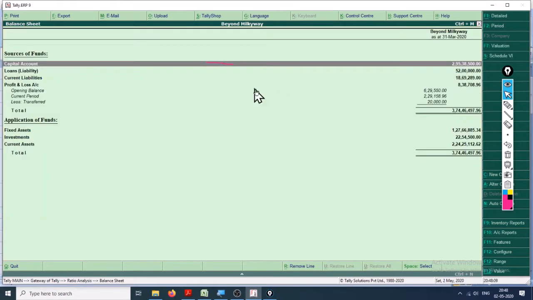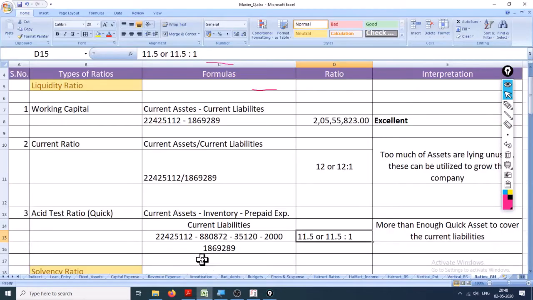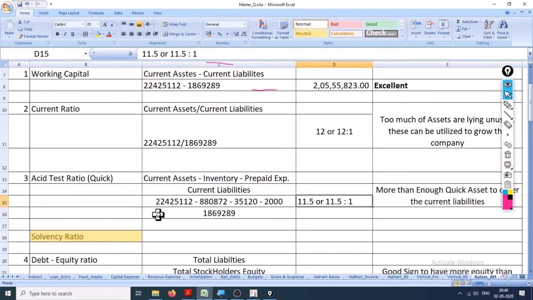Debt to equity ratio. Now this has only taken long-term liability. So people sometimes take total liabilities and sometimes they take long-term liabilities. We have taken total liabilities. That is why our answer might vary.